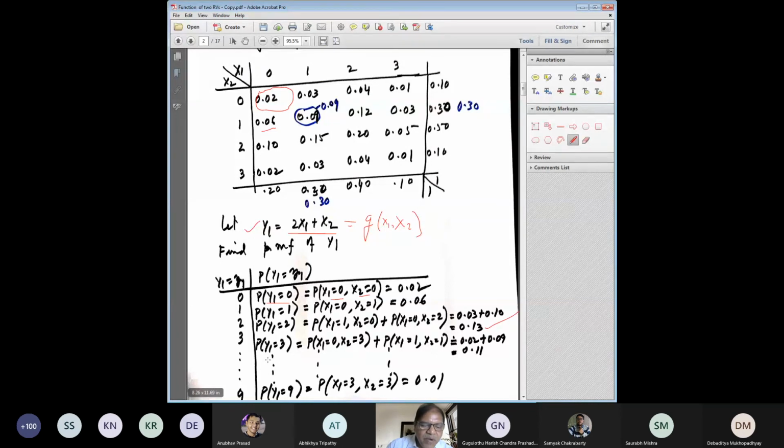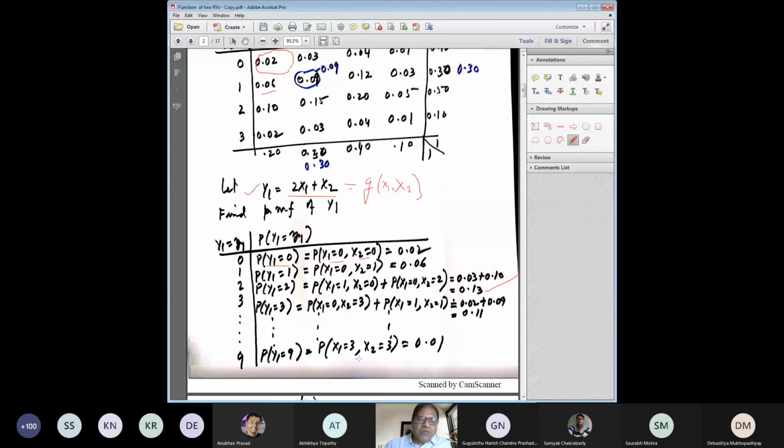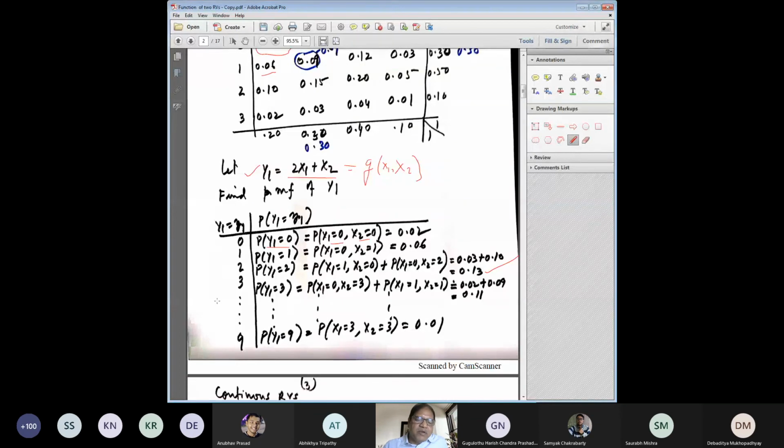Similarly y1 equal to 3, you can calculate, and all the other values you can easily calculate. So in the case of the joint probability mass function, things are a little simpler. You have to just find the values of the new random variable, and the corresponding probabilities can be calculated by looking back at the joint probability mass function of x1 and x2.